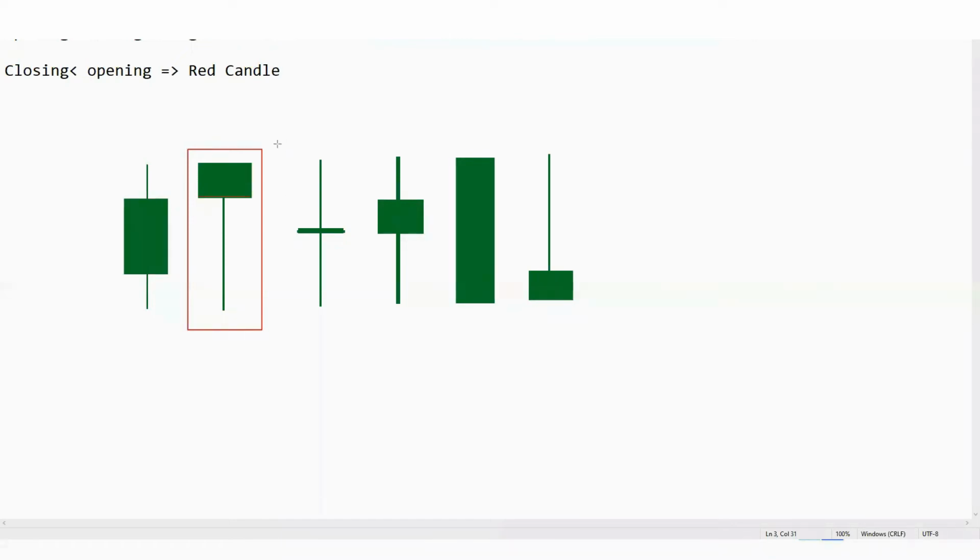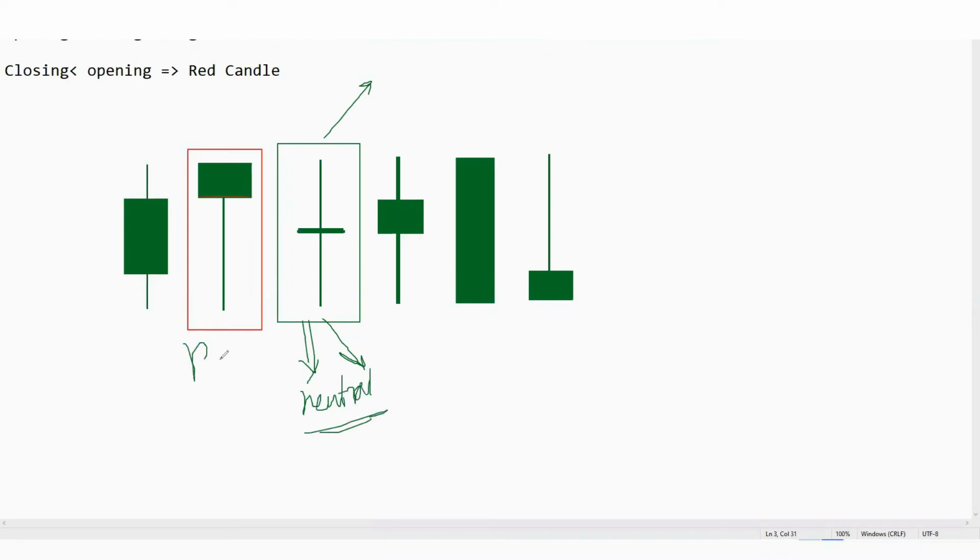Seller not happy, buyer not happy, and the market doesn't have any direction, whether it wants to go upwards or move downwards. So this is the indecisive candle, and oppositely you can say this is a neutral candle. This is a neutral candle.